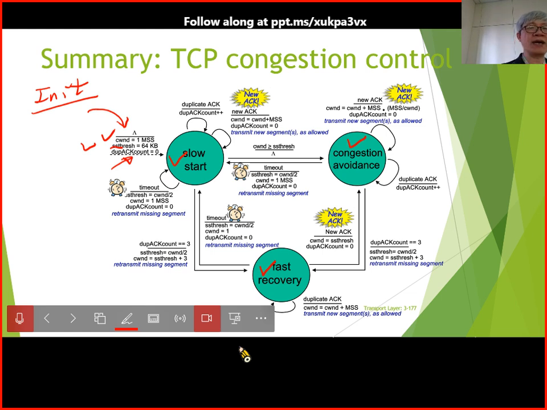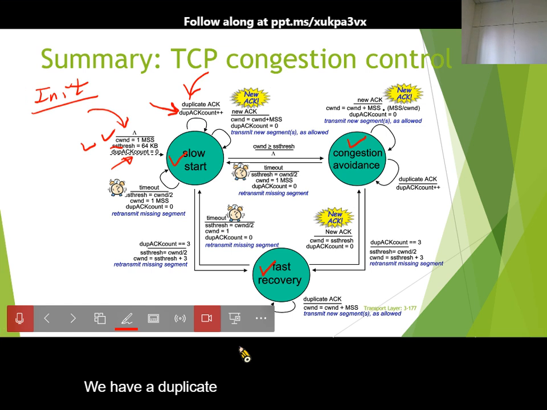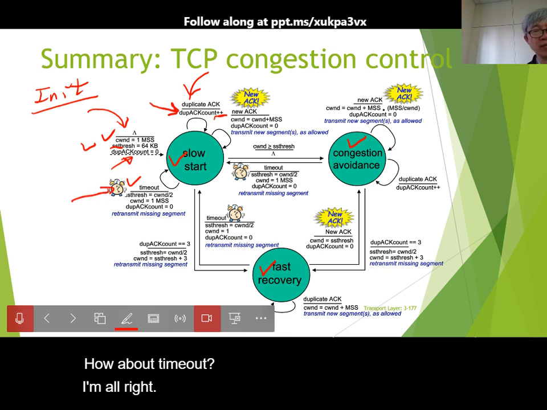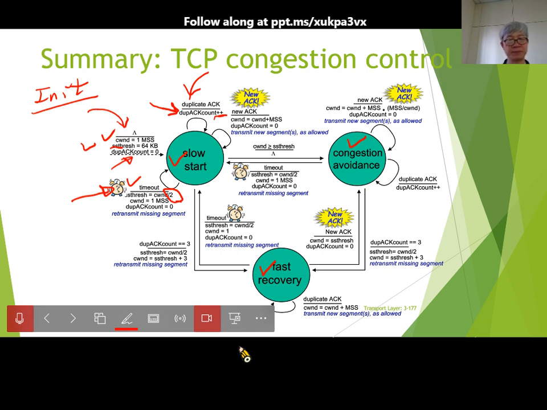And once we have a duplicate ACK, of course, we increase the duplicate ACK count, so we have a double plus here. And how about timeout? On timeout, we set the SS threshold to half of the CWND, cut in half, and then we have the new SS threshold.